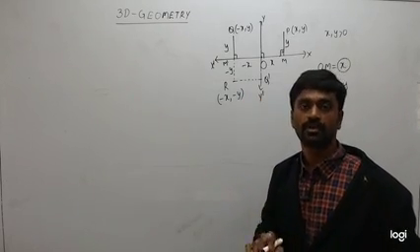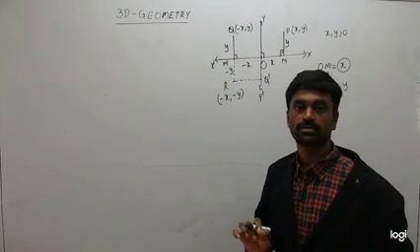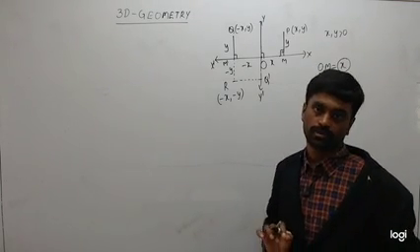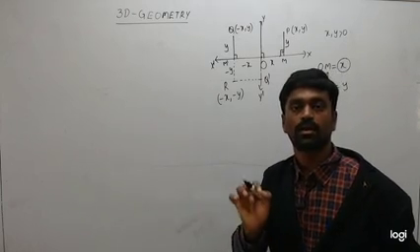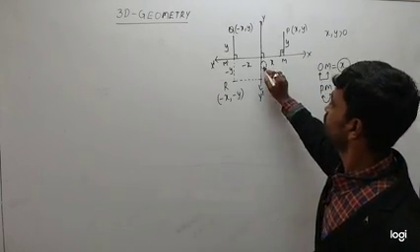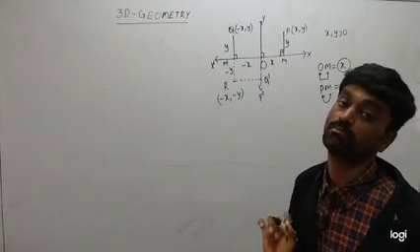So why am I explaining all this? Because I'm using these things in 3D also. That's why I just explained this 2D geometry. Hope you understand the difference between distance and algebraic distance. The distance between O and M dash is x only, but the algebraic distance is minus x.